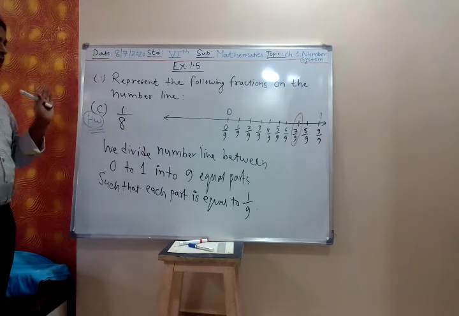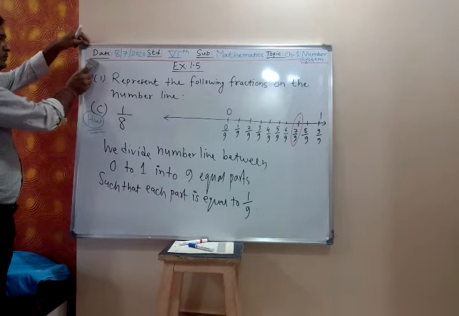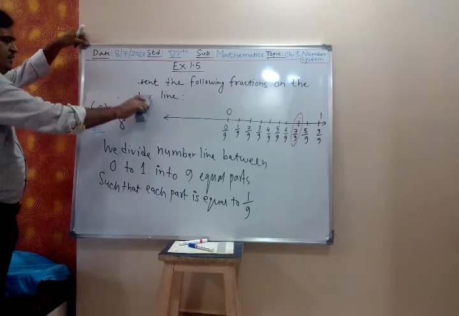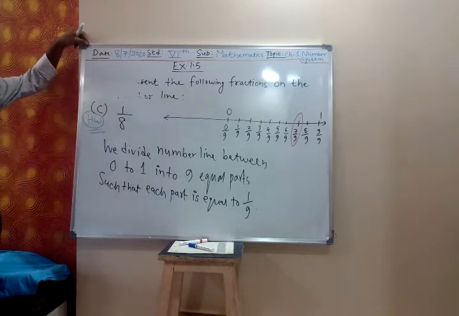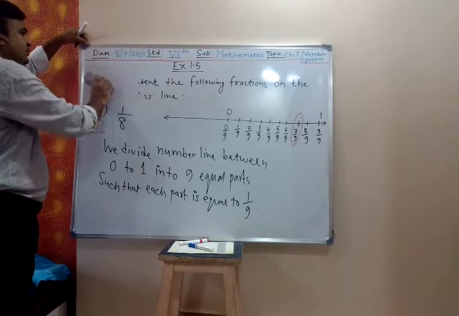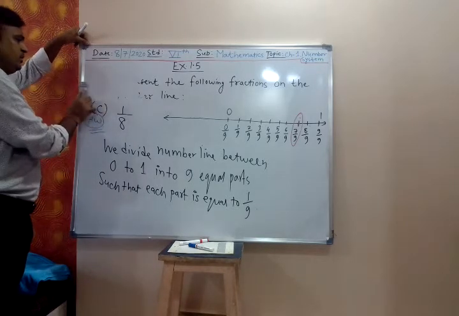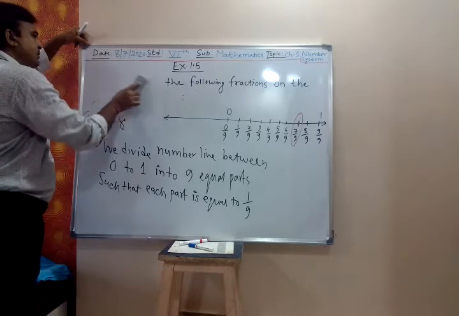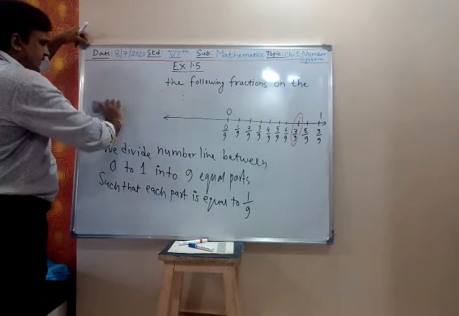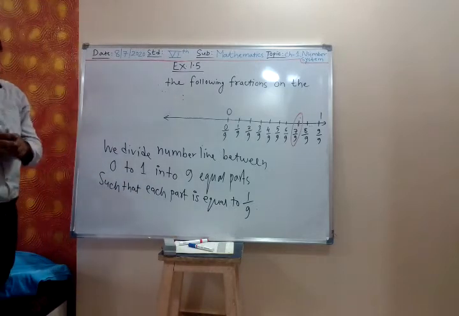C is homework, because there are 12 to 13 problems in this which I have to solve. If I go on solving each and every problem of the same type, this is not practical. Now next is D.